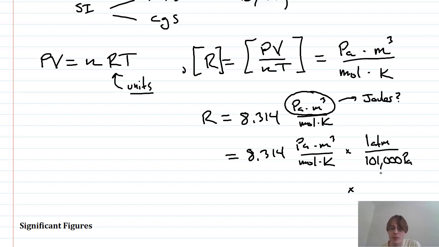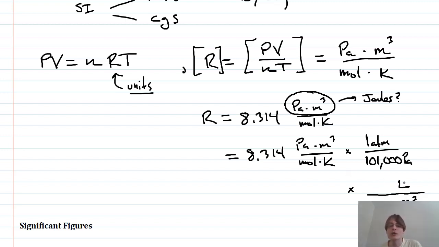So I have to multiply by the right conversion factor. Do I do meters cubed over liters, or is it liters over meters cubed? I need to cancel out cubic meters, so I better put liters up in the numerator and cubic meters down in the denominator. That way it'll cancel cubic meters and give me liters. The only question is, what's the number that goes in here?